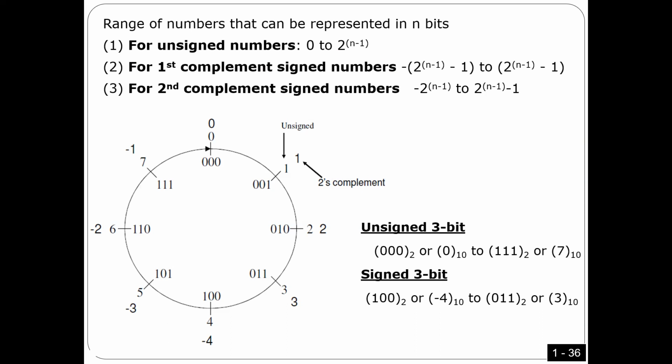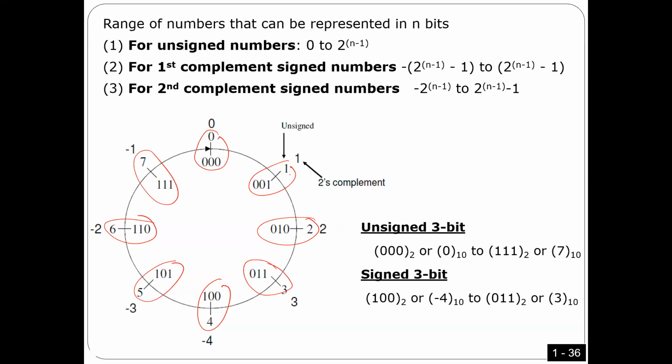Then I'm going to show you, for example, the case of unsigned numbers. This one is 0, this one is 1, 2, 3, 4, 5, 6, 7. Make sense? So if your numbers are unsigned, I'm going to interpret this one as 7.